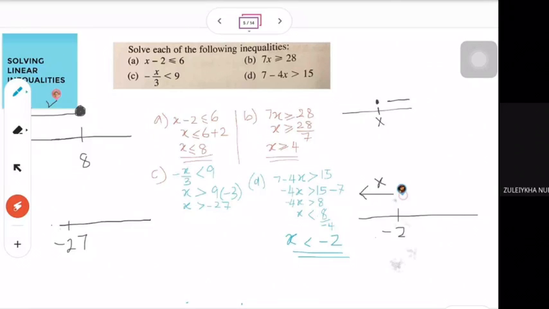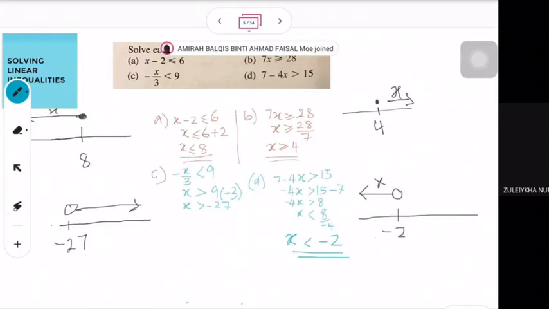Macam mana kita nak decide whether to shade the circle or not? Kalau ada equals to, then kita shade. If no equal sign, kita buat empty circle je. Okay?